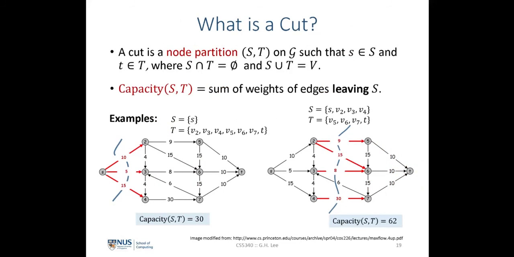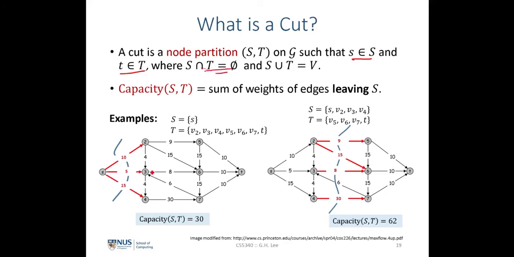Now, we'll also define a cut in the graph. A cut is simply a node partition into the sets S and T, such that the source will always be in the set S, and T, the terminal, will always be in the set T, where the intersection of S and T is a null set.